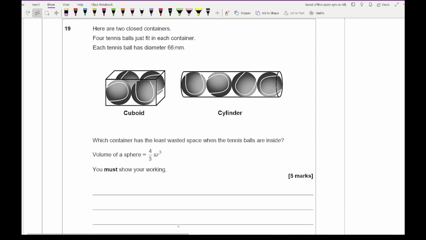So what I need to do is work out the volume of the 4 balls first, and that's going to be 4 lots of, and then substitute r equals 33. So it's going to be 4/3 times pi times 33 cubed.